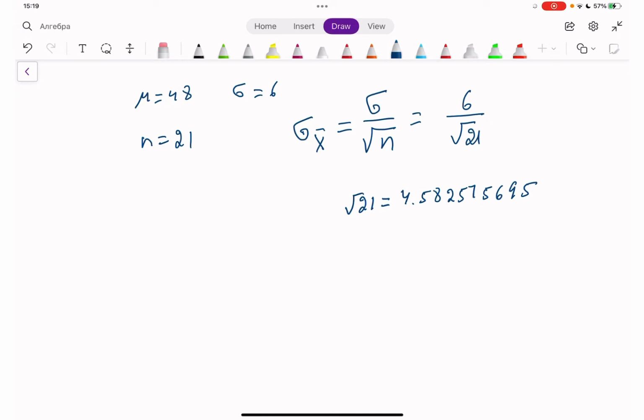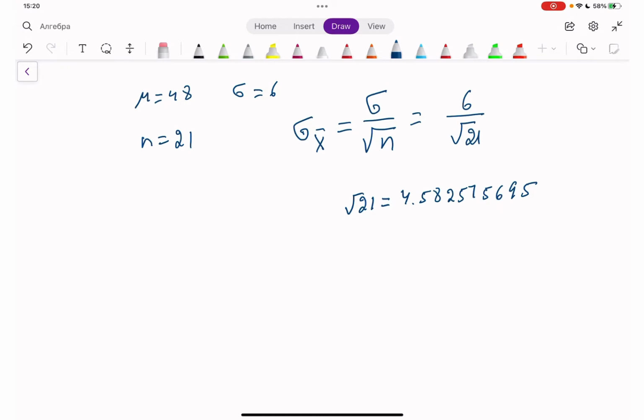And to find the sigma of the sample mean, we take sigma from the problem, which is 6, and since the sample size is 21, we divide by the square root of 21: 6 divided by 4.58257.